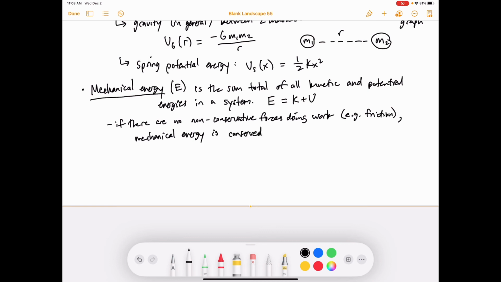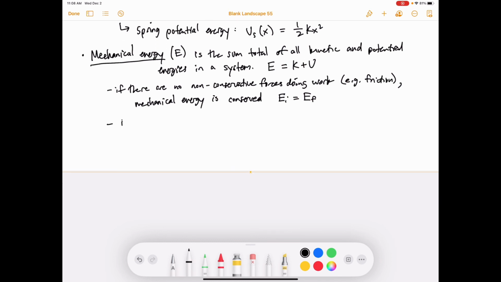In which case we can say E initial is equal to E final. It doesn't change. On the other hand, if there are non-conservative forces doing work, mechanical energy will not be conserved.